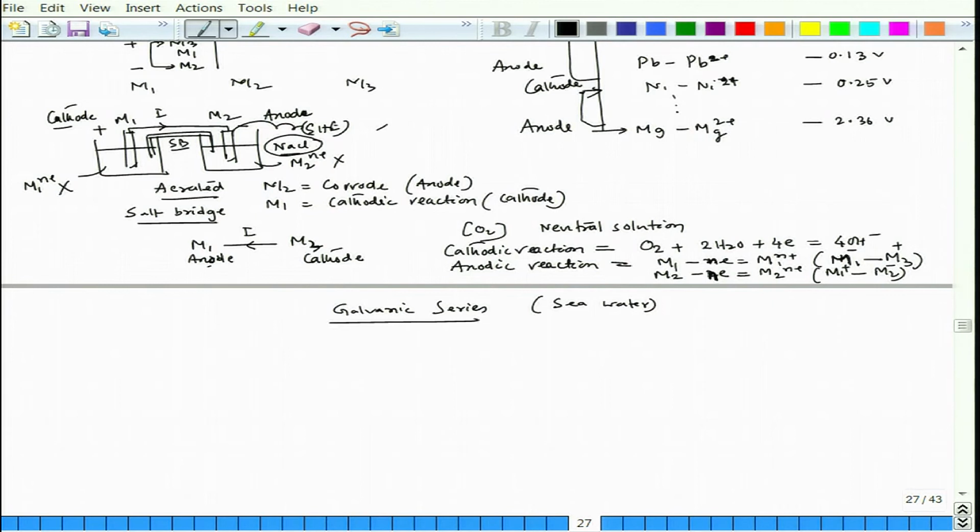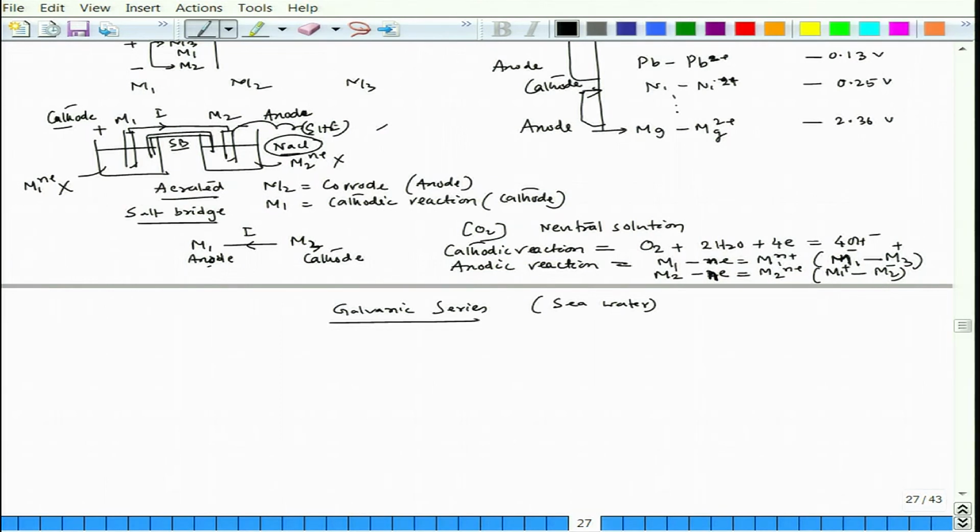Whenever we select materials, we try to select materials which are close by in the galvanic series in that particular environment. In order to understand that, we will take up this galvanic series discussion, because it involves a lot of engineering applicability, in the next class, because in this class we are left with hardly 10 minutes.